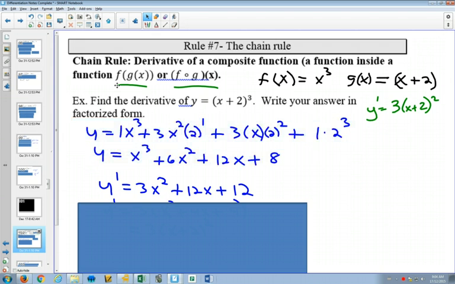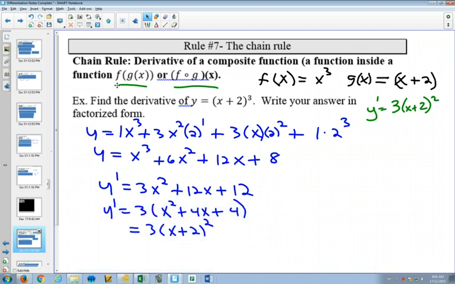So if we expanded it completely, and here I used Pascal's triangle and the binomial theorem to expand it, and you combine your like terms and simplify things, you get x cubed plus 6x squared plus 12x plus 8. And then the derivative becomes 3x squared plus 12x plus 12. And if you factor that, ooh, this one did work exactly the same as what we wrote in green before.